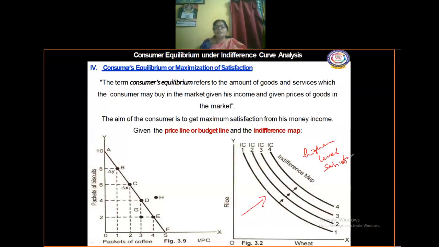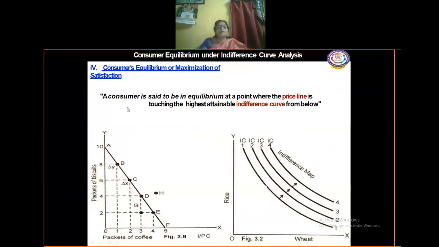Now we have to see how the consumer equilibrium is attained, where the tangency occurs. You know that in the equilibrium graph, the IC curve has to be tangent at the equilibrium point. So at which IC curve does the tangency at the equilibrium occur? Now you can see IC1, IC2, IC4. So we are going to see in the next graph how the tangency occurs.